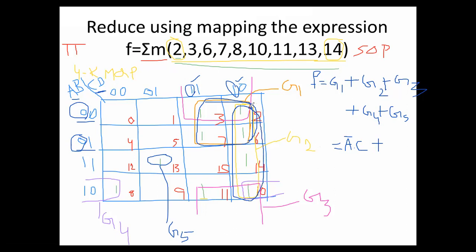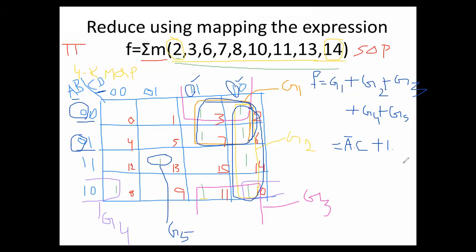Which AB combinations does this group 2 belong to? Totally all the combinations are covered: 0,0, 0,1, 1,1, 1,0. If all the combinations are covered, then what value are we getting? 1. That is, A bar B bar plus A bar B plus AB plus AB bar. If you find out that value, we are getting 1.